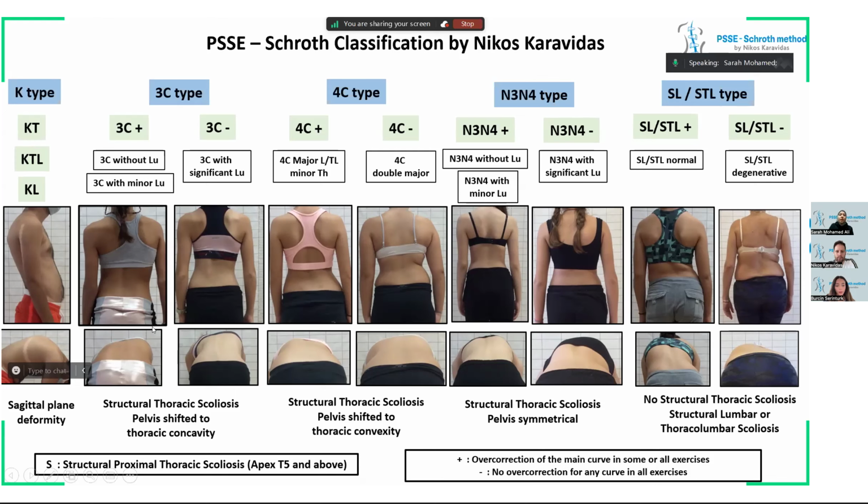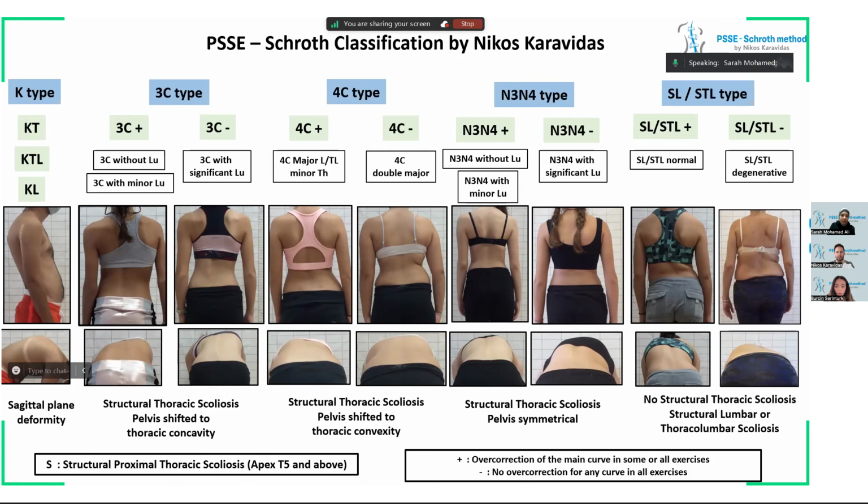Okay, so the second question would be, where is my pelvis in relation to the trunk? I have only 3 possibilities. Either the pelvis would be to the right or to the left, or in the middle. If, for example, this is a right thoracic and the pelvis is shifted to the left, toward the thoracic concavity, we call this a 3C curve type.